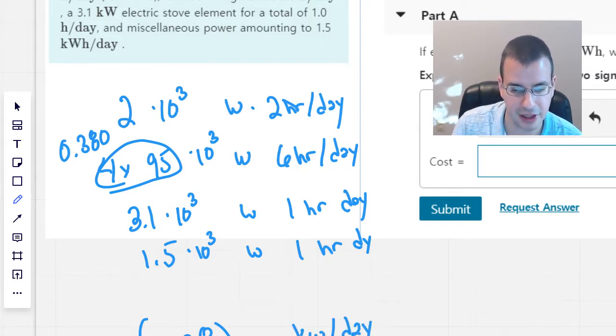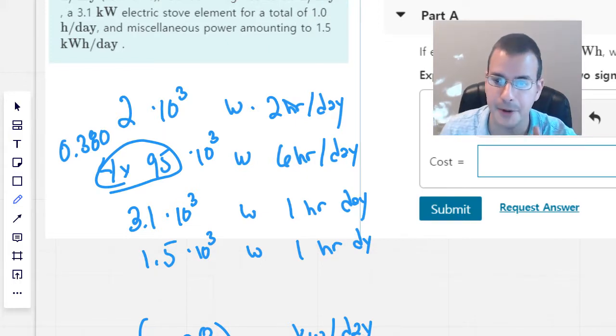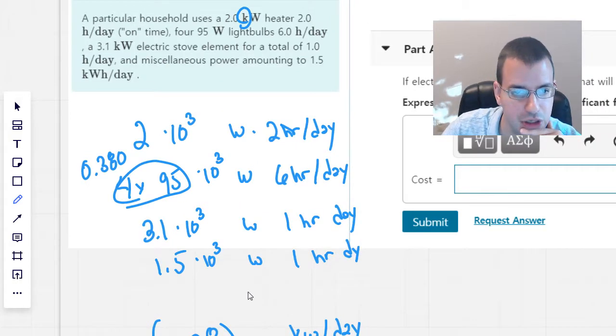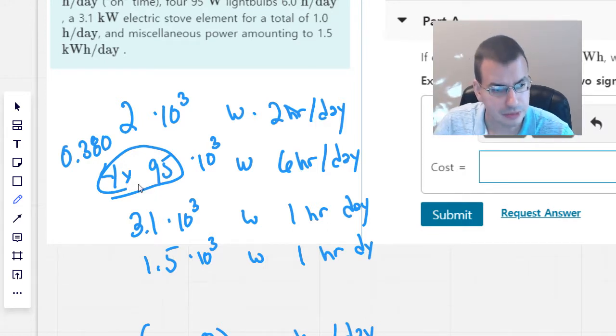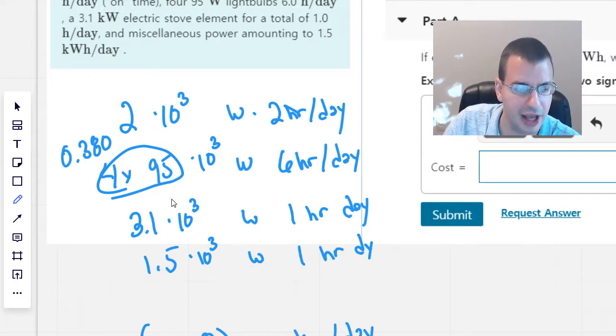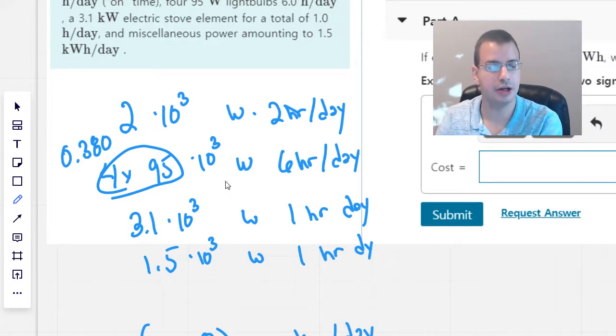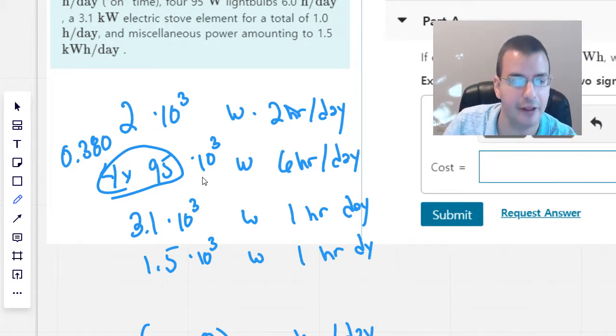So I'm going to convert everything into kilowatts per day just to get everything into the same units. For these 4 95-watt light bulbs, having 4 of them is the same as having 380 watts, times 6 hours per day.